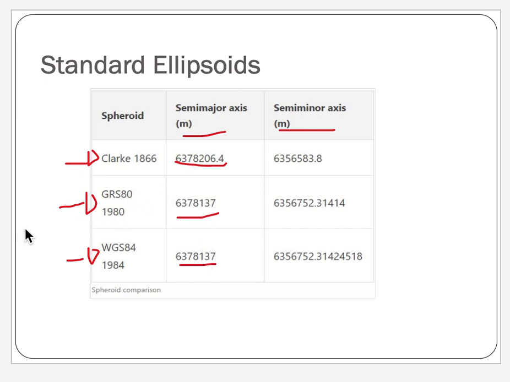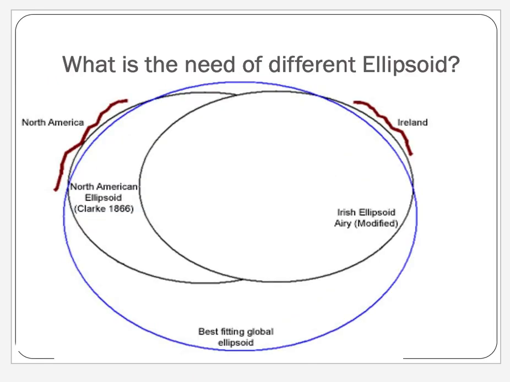The reason for that is because this is a global referenced ellipsoid. So again, what I just explained, the best fitting global ellipsoid is best for the globe, and you could have a local reference ellipsoid based on your geographic region.